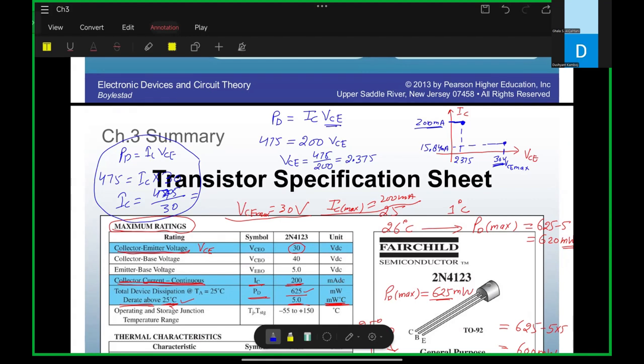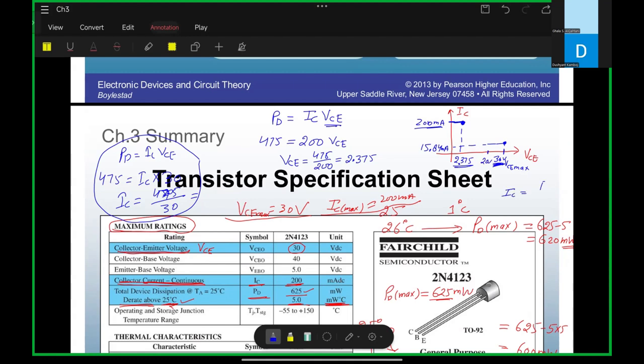Now, you have to choose any two or three values between 2.3 and 30 volt, and find the IC at those values of VCE. Let us take, I choose 20 volt. So at 20 volt, you have to calculate the IC.